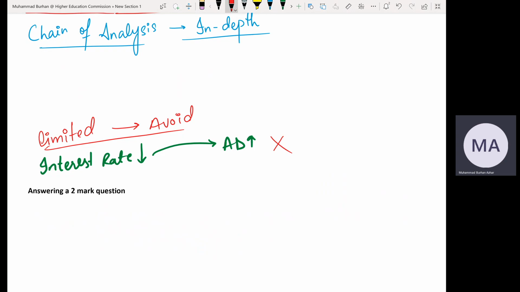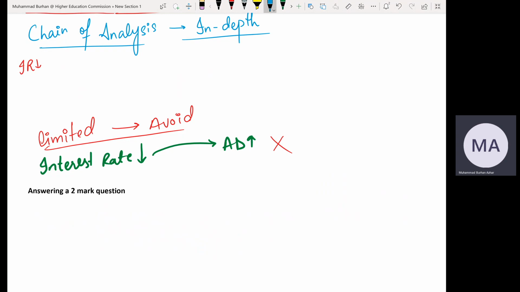This is something that I should not do, because there is a hell lot of things in between जो कि मैं link कर सकता हूँ, जो कि मैंने नहीं link की, okay? So that would be limited analysis. Chain of analysis कैसे develop होगा कि interest rates reduce हैं? See, the jumping to the aggregate demand part would be a wrong thing to do, and that would be something which won't get you good marks.